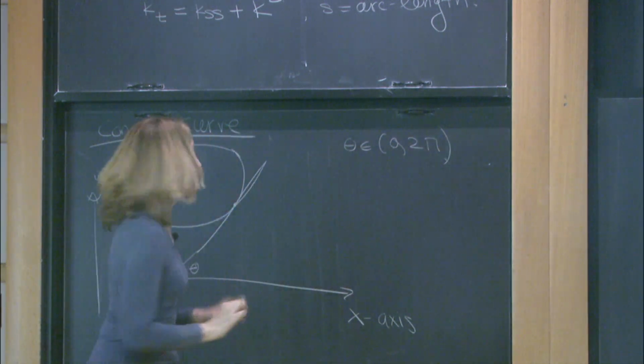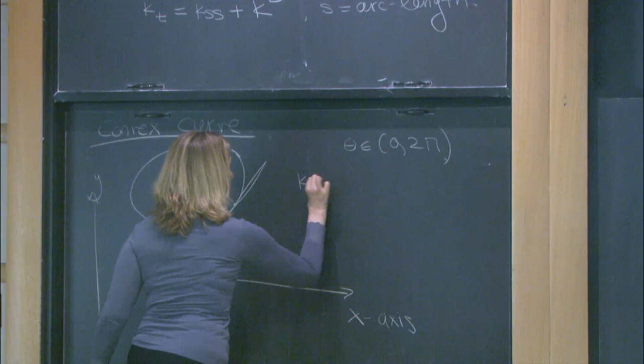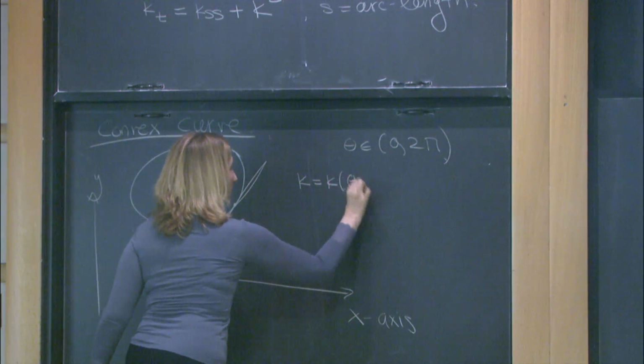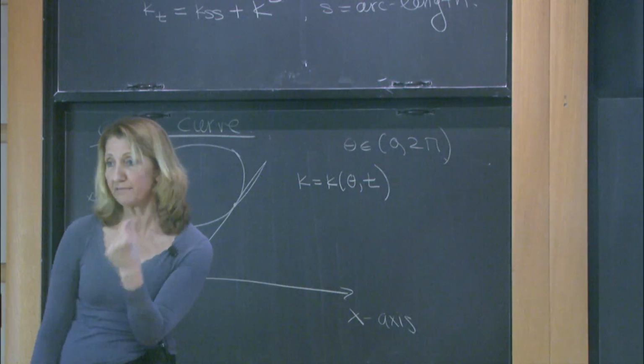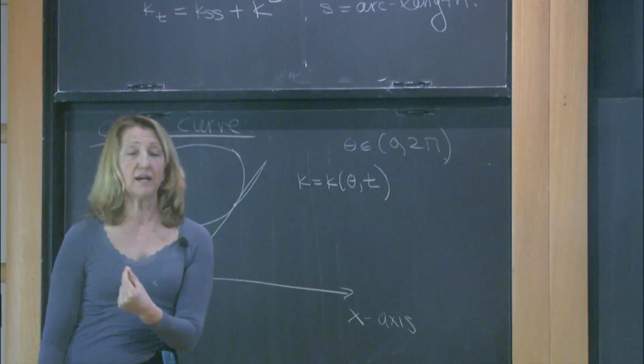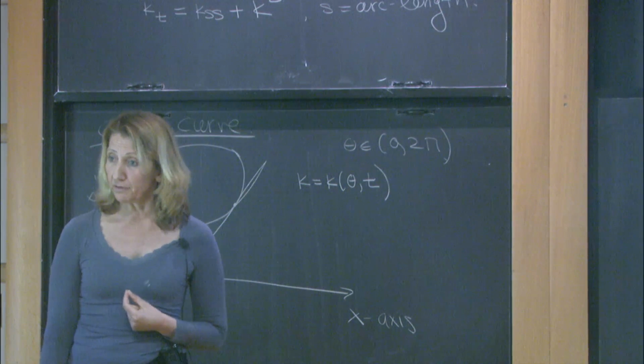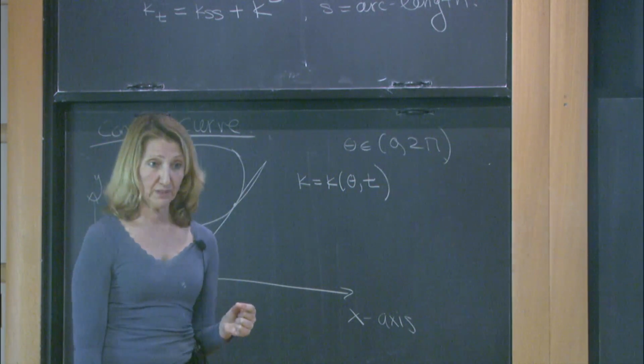Therefore you can express kappa, the curvature, as a function of theta and t, because at every point you assign a theta and have a curvature, in one-to-one correspondence.